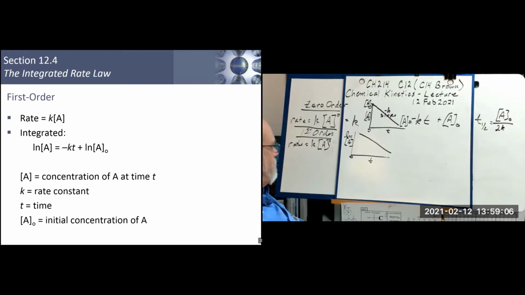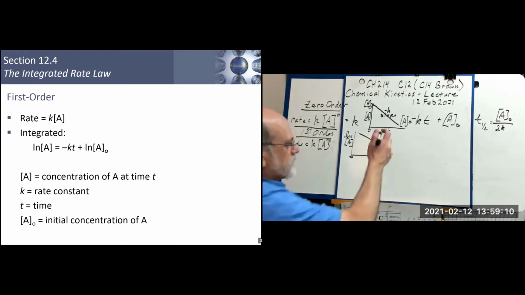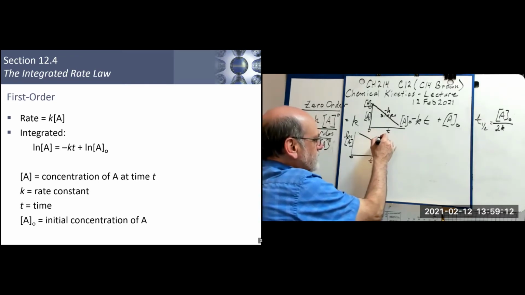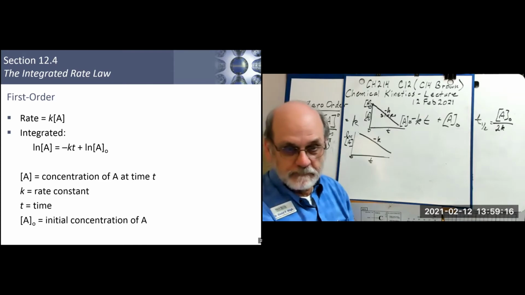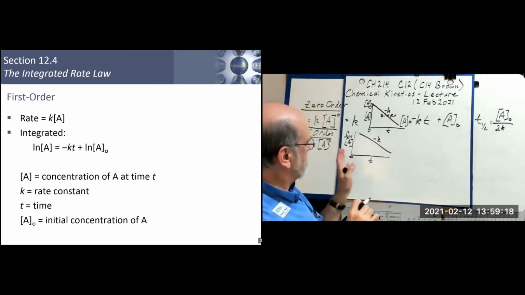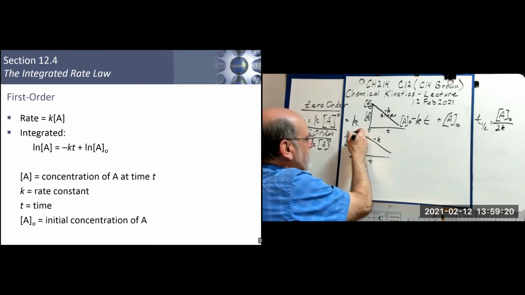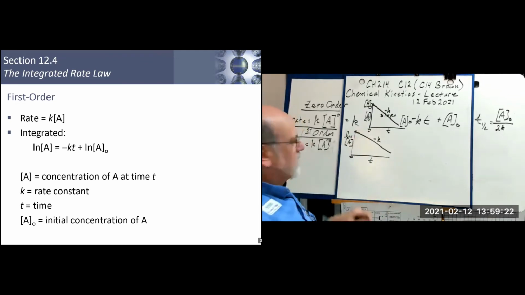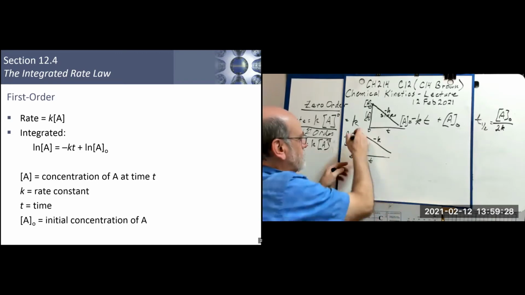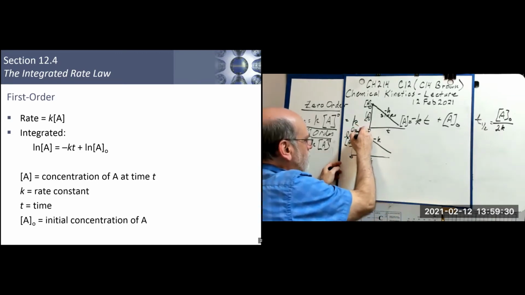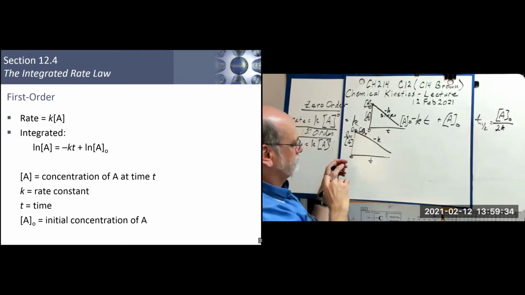Okay. So the slope of this line is again negative k. And the expression here, so what's that y-intercept? The y-intercept is not A0, it's the natural log of A0. Right?